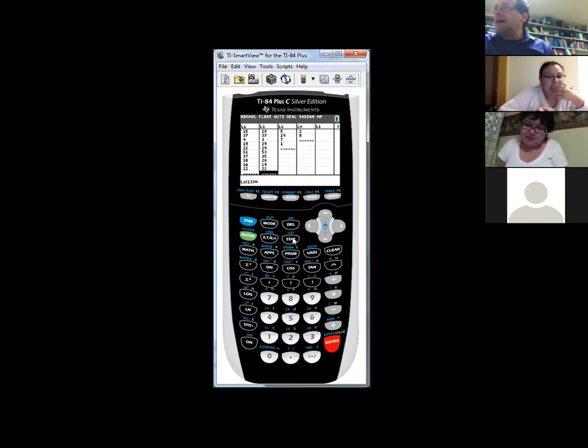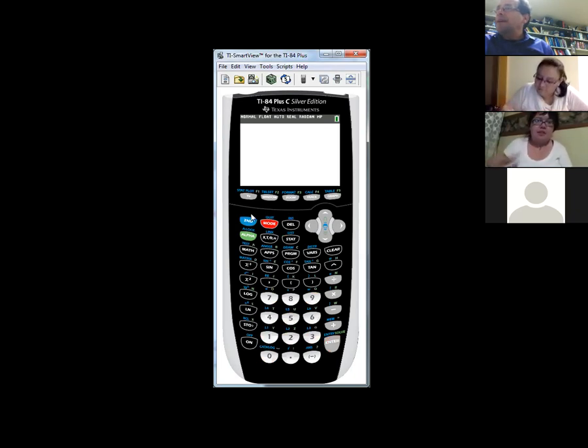Okay, then I'm going to go, not stat, sorry, I'm going to go second quit. And now I'm going to go second 1 minus second 2. Notice it's L1 minus L2. Then I'm going to hit the sto button. And that means store it into.